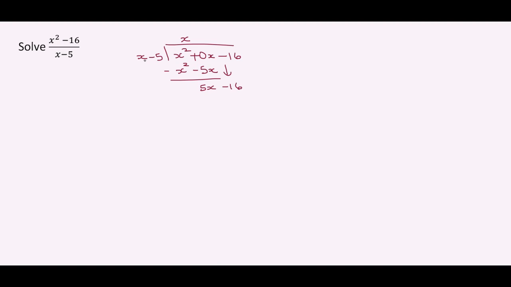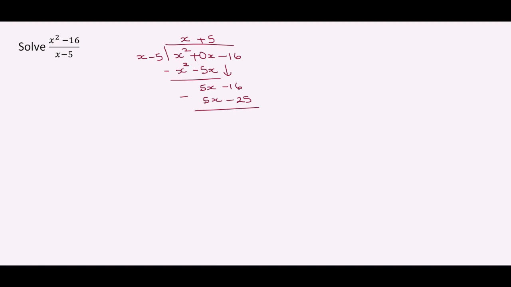So 5x divided by x is going to give us plus 5. 5 times x is 5x. 5 times minus 5 is minus 25. So now we subtract this. We have 5x minus 5x, that's 0.